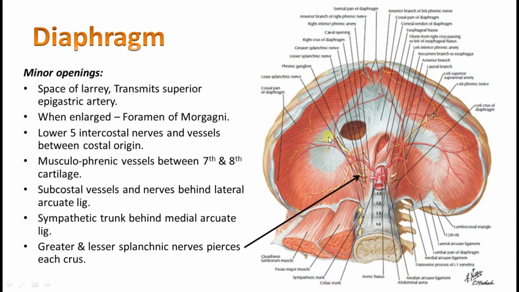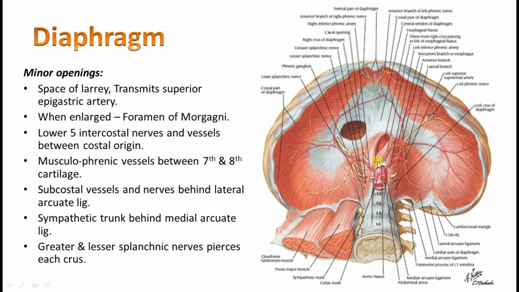Apart from that, you see the inferior phrenic artery, the first branch of the abdominal aorta. The last branch of the thoracic aorta is the superior phrenic artery. So the arteries, inferior phrenic, musculophrenic and pericardiophrenic arteries, all supply the diaphragm.